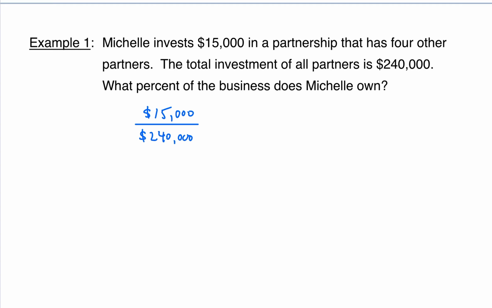And if we punch that ratio into the calculator, we would get 0.0625, or 6.25% of the business that Michelle would own.